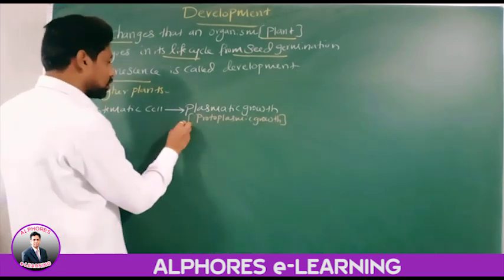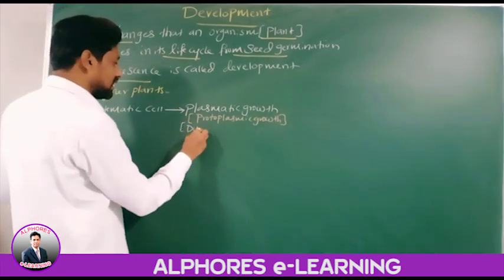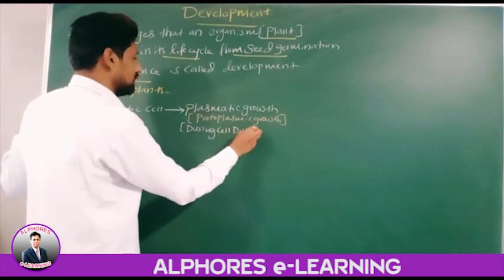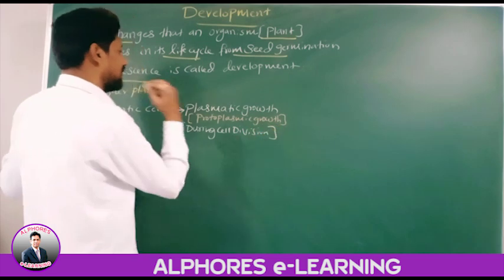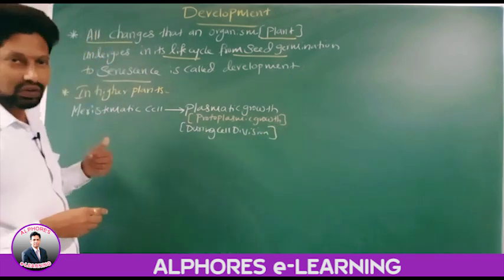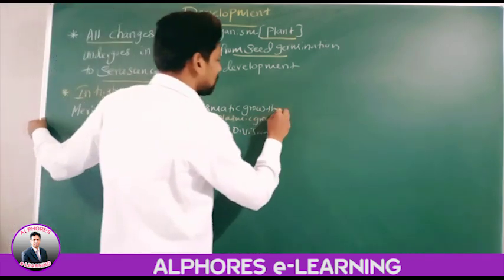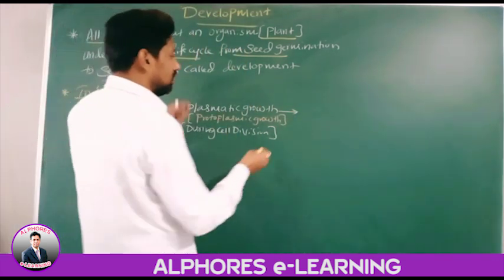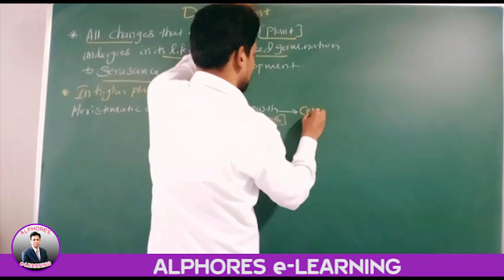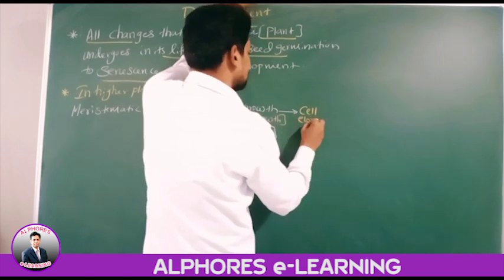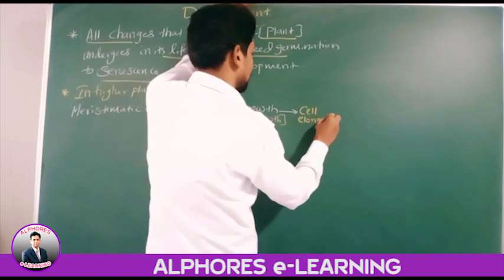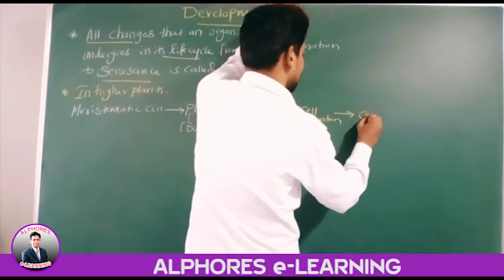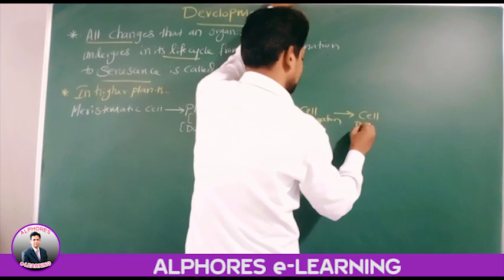This protoplasmic growth takes place during cell division. Is it okay? After plasmatic growth, cell elongation takes place. After cell elongation, cell differentiation takes place.